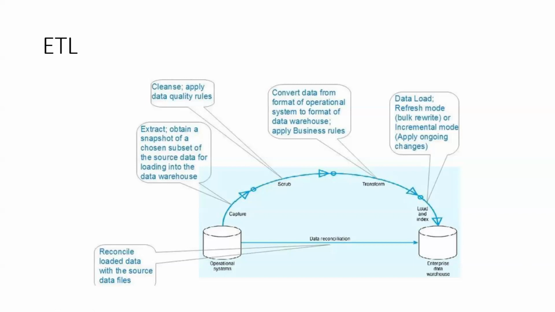Then we go ahead with cleansing and transformation operations on top of that before loading the data into the data warehouse. So transformation is the main part. After extraction, all we have to do is transform the data, and the loading part. We'll be loading the final transformed data to the data warehouse.